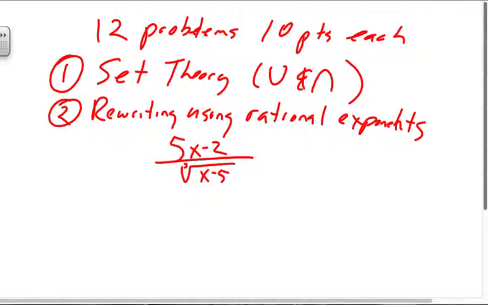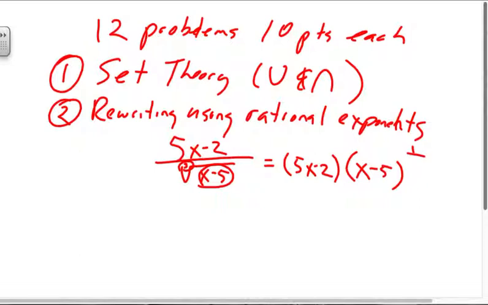Okay, roots, if you remember, mean a fraction. So this is going to become 5x minus 2. Now I'm going to rewrite this thing. It will be x minus 5 because it's a root. I know it's 1/3. But not only that, it's in the denominator, and that makes this negative. If you have a problem with it, then go in and take a look at it.